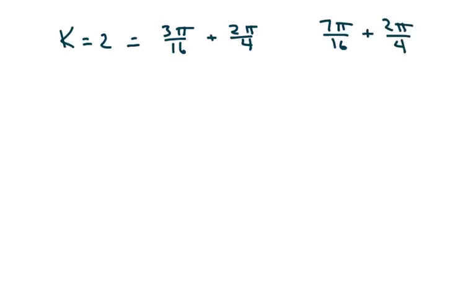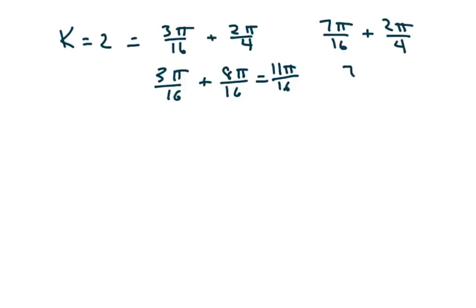At k equals 2, we get 3 pi over 16 plus 2 pi over 4 and 7 pi over 16 plus 2 pi over 4. Well, this one's just going to be 3 pi over 16 plus 8 pi over 16 at the common denominator, which gives us the 11 pi over 16 that we already have.